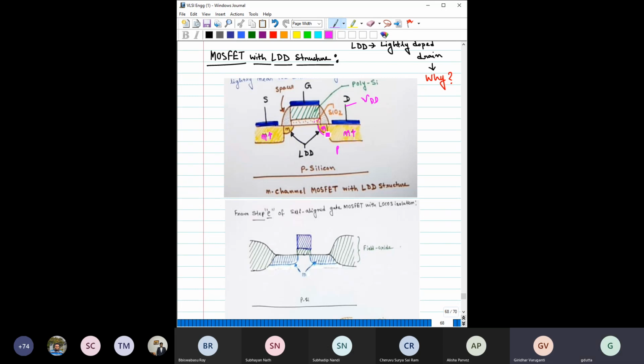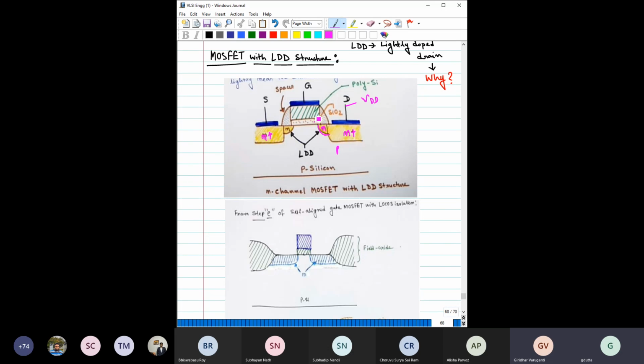If you have a lower doping, the electric field reduces. So when you lower the doping, the electric field in this region is substantially reduced. So the electrons which were coming here no longer have that much energy to create those types of damages. So that is the sole purpose of making this LDD structure, the lightly doped drain structure.